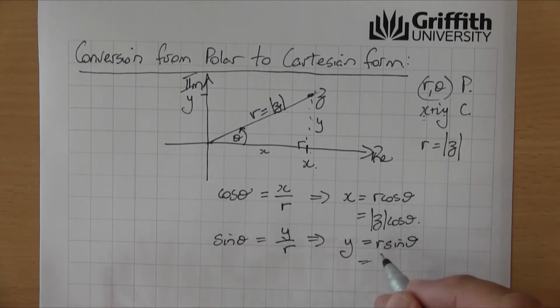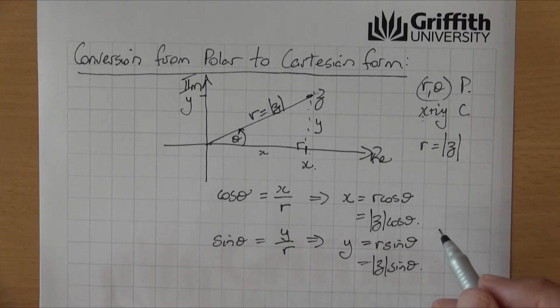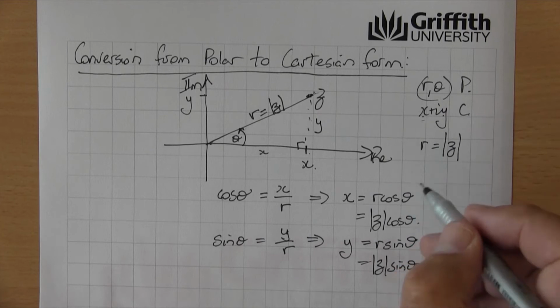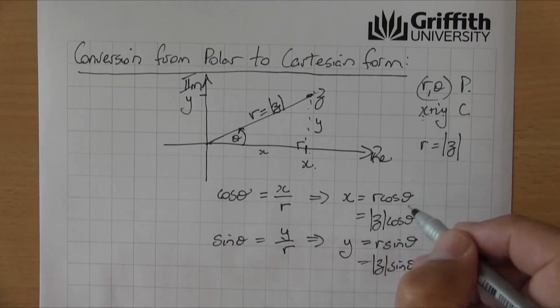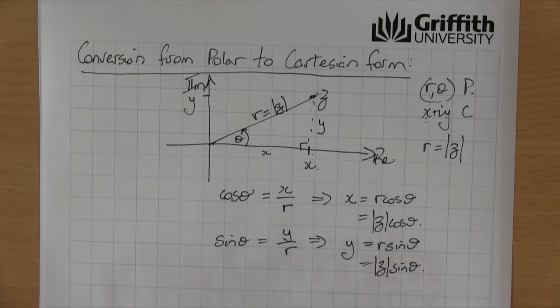Once again, instead of r we can say that's mod z sine theta. So that's quite straightforward, and I suppose it's a good idea just to do a little example to show how that works.